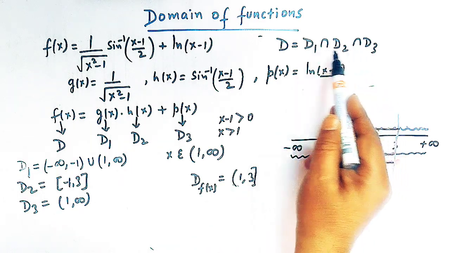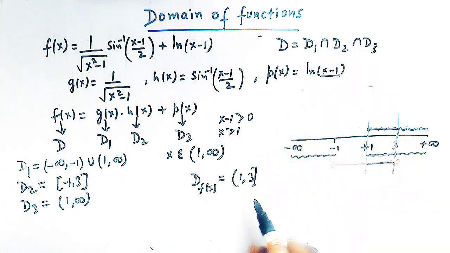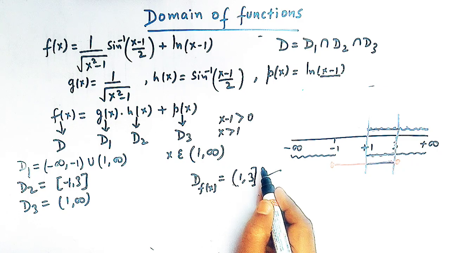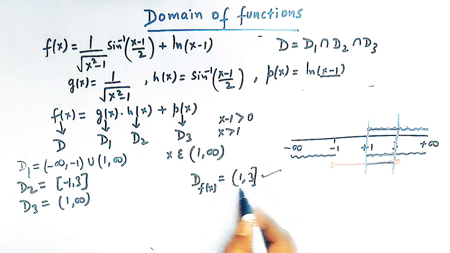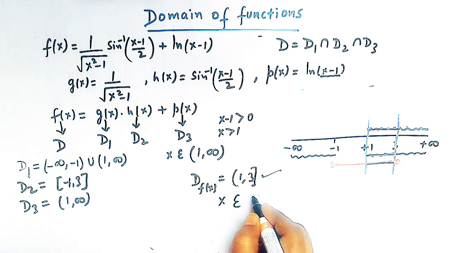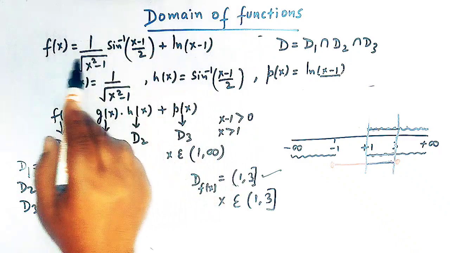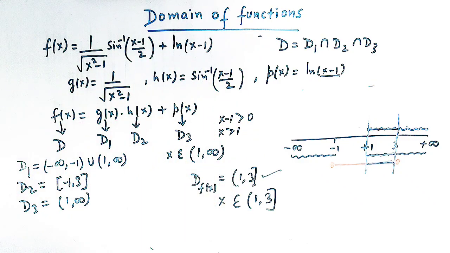So the intersection of these three domains is given by the interval from 1 to 3, and all the values of x which belong to this interval satisfy, or define, the function f of x.